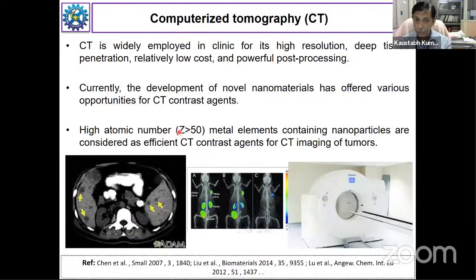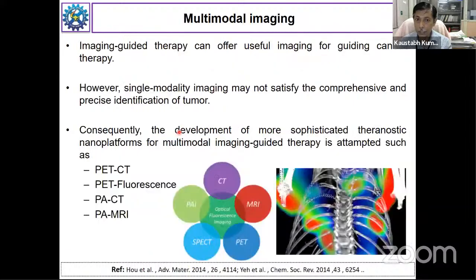As I said, CT is also one such technique which is used in the clinics nowadays. And again, a revolution is coming, where two imaging techniques come together to reconfirm or act as complementary techniques, like PET-CT, PET fluorescence, and PET-CT and MRI.